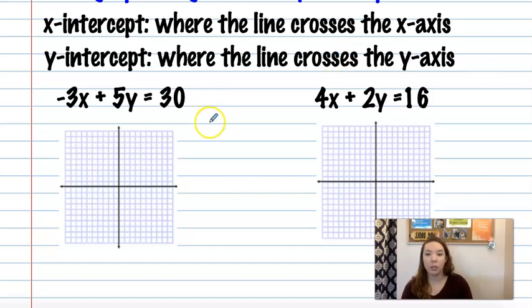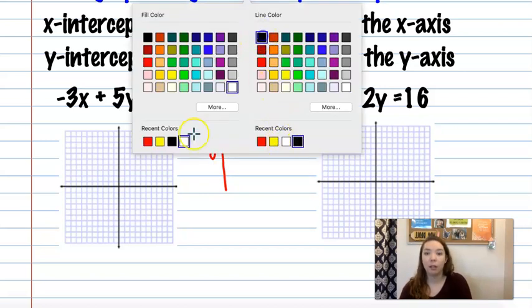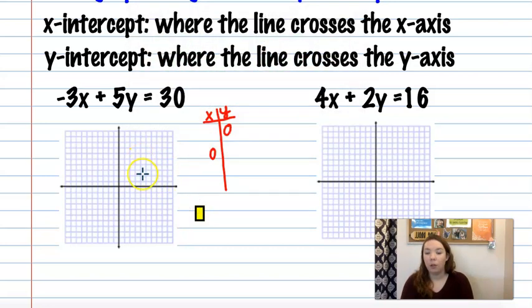So I like to, when I'm doing these, I'm still going to set up a table. But my x-intercept is where y is 0. And my y-intercept is where x is 0. So I just need to figure out what these numbers would be. So if I'm going to plug in 0 for y, what happens here is if I do 5 times 0, this goes away because it's 0.